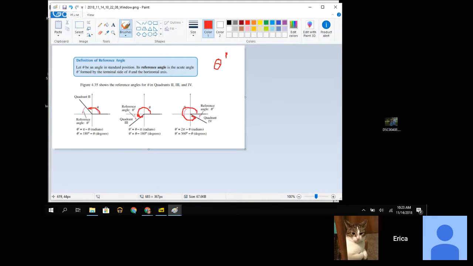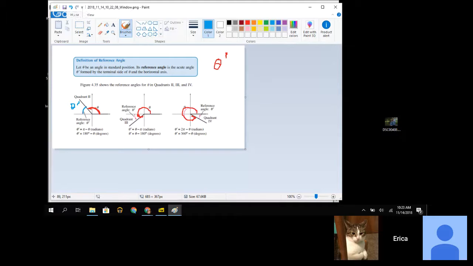So the terminology, I think, is harder than the visual. The red is my theta for this one, right? The reference angle is the angle that is formed that connects back to my x-axis. That is the acute angle.